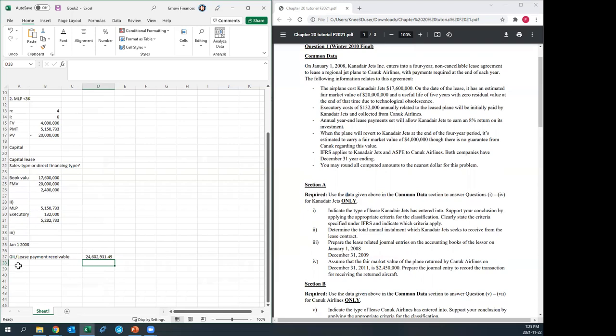Then you have the cost of goods sold, which is going to be the book value of the asset, which is $17.6 million. And then your sales is going to be the $20 million, so the fair market value of the asset.